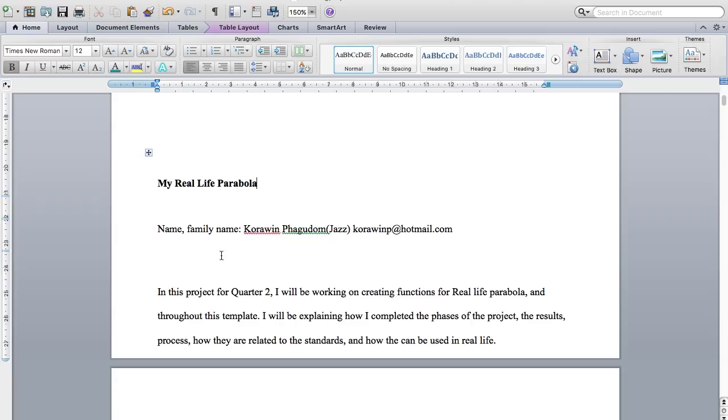In this project, I'll be working on creating functions for real-life parabolas, and I'll be explaining how I completed the phases, the results, processes, how they are related to standards, how they can be used in real life, and how they can be applied in other courses.